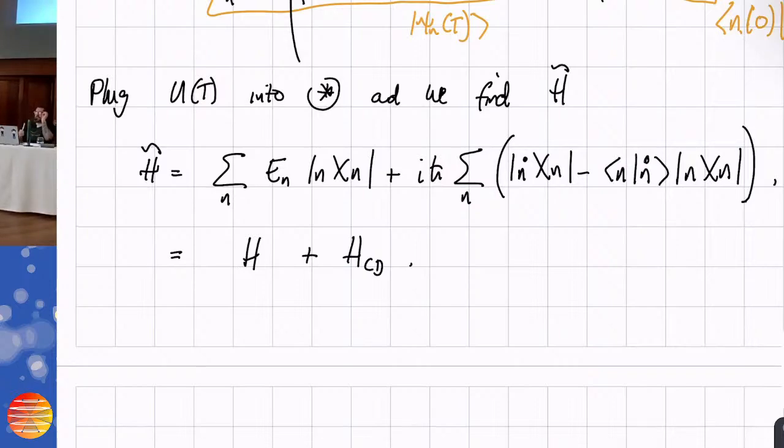There are issues with these control terms before you get there, though. Once you start looking at many-body systems, this H_CD term, well, I haven't said anything about the physical realization of these control terms. Very likely, this is part of the reason that back in the late 20s, when the adiabatic theorem was worked out, nobody cared about the idea that you could cancel the transitions, because the Hamiltonians don't look particularly physical for a lot of systems.